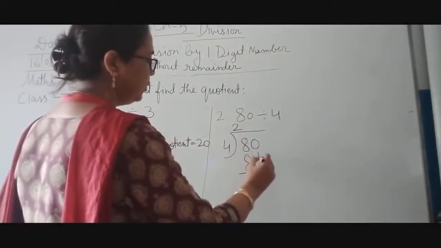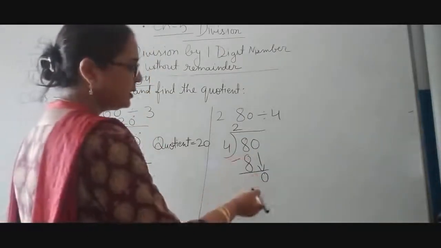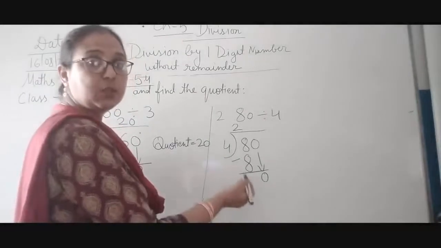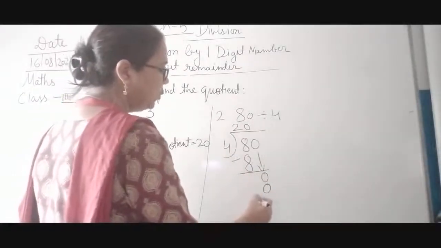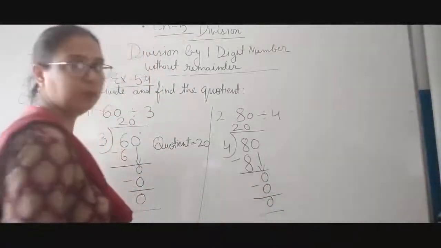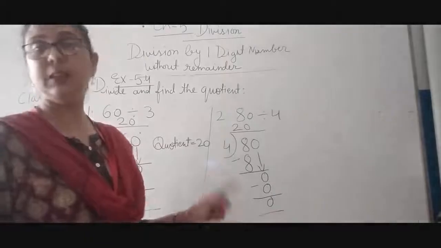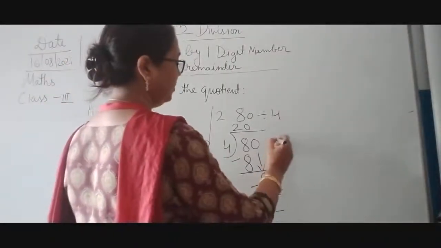So children, here 0 we will write over here, and this minus, nothing we will get. So 0 will be placed over here. Again we bring down the 0, and 0 minus 0. Here the remainder is nothing, but the quotient we will get is 20.